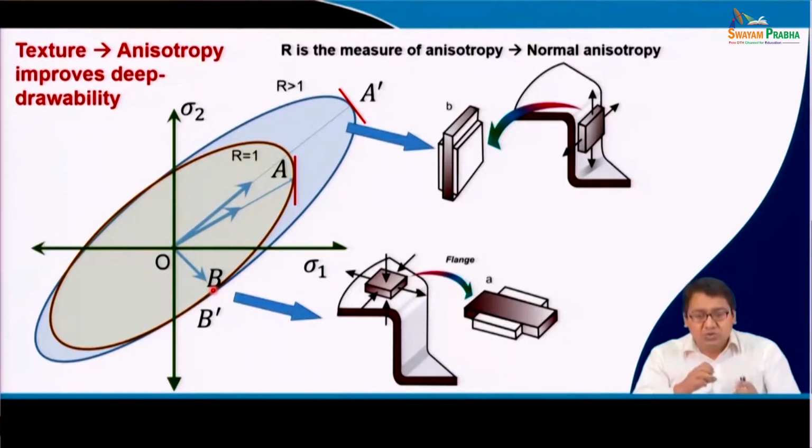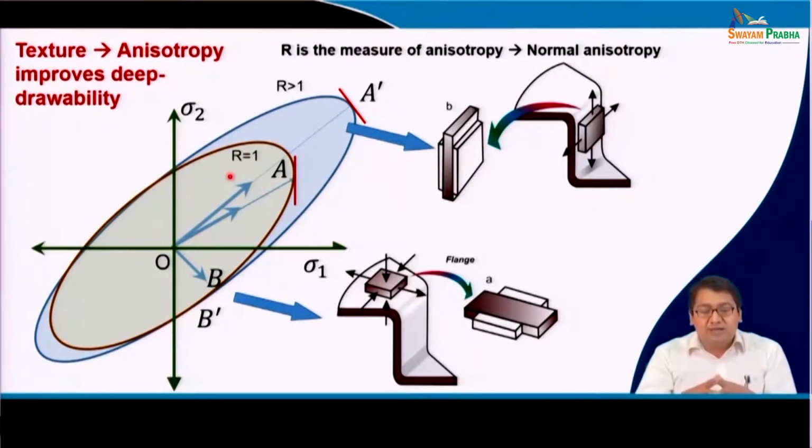So, one can do microstructure and textural engineering to improve the texture or to obtain the most desirable texture, so as to obtain a higher normal anisotropy, that is R. And what does an increase in R do? It changes the shape of the yield locus and makes it more elongated.